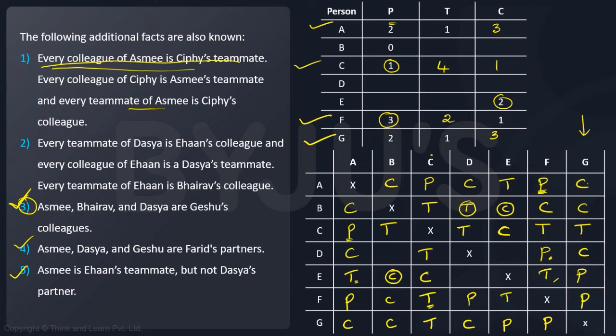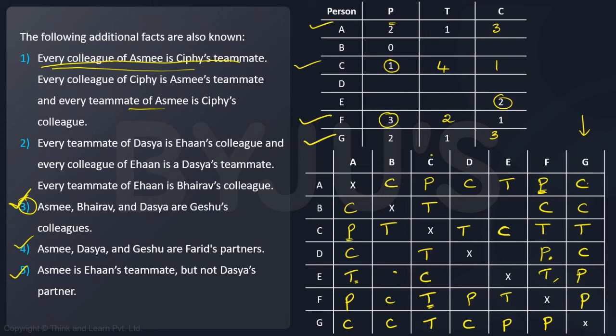I have to always verify both cases. So if this is C, then every colleague of Ehan is Dasya's teammate. So D is colleague of Ehan. So D cannot be D's teammate. That's the problem here. So hence C cannot be in that place. Therefore, we take this out. So we know for sure that this is C. Okay, I don't need a circle because it is correct.